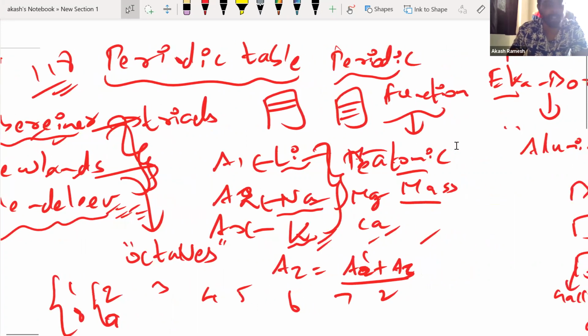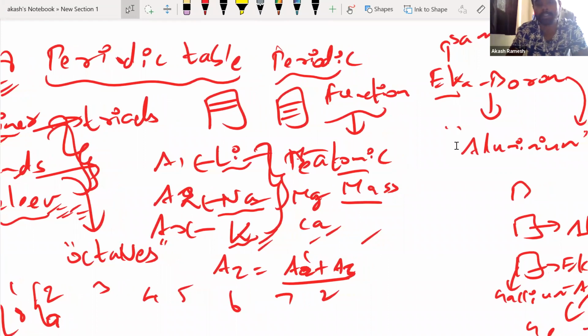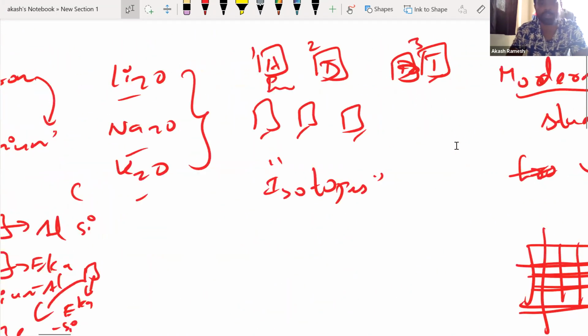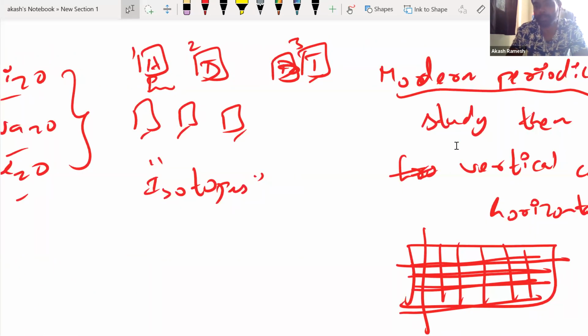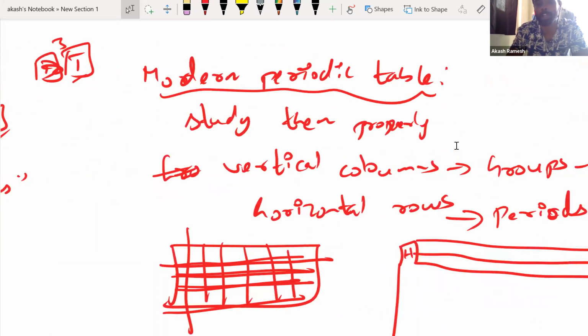What are the problems they faced? The periodic function they used was atomic mass. So isotopes are a problem, right? You need to give different places for the isotopes if I am going to use atomic mass. So then came the modern periodic table, which uses atomic number as the periodic function.